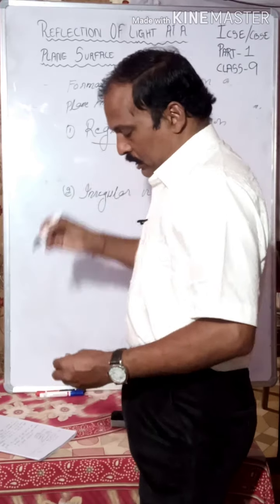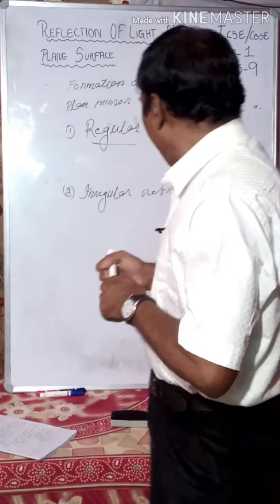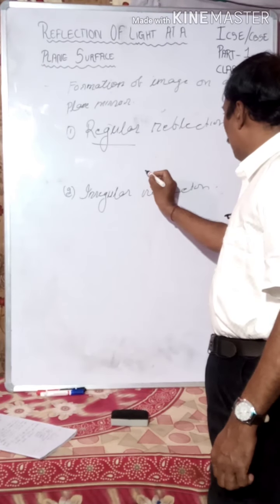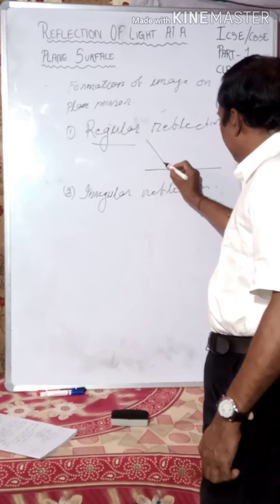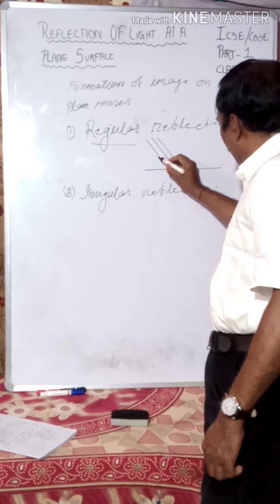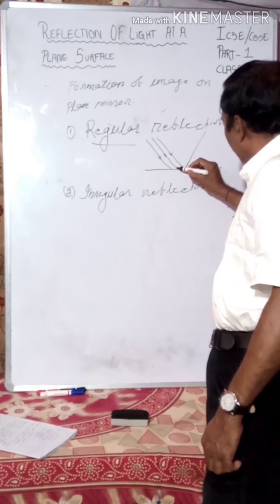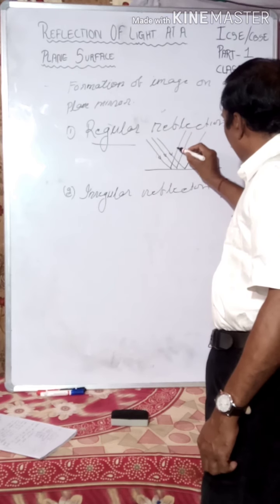What is regular reflection? When a beam of light is incident on a plane surface or a polished surface, it gets reflected in a particular direction. Suppose this is a plane surface and this is a light incident in this way, and it gets reflected in a specific direction.